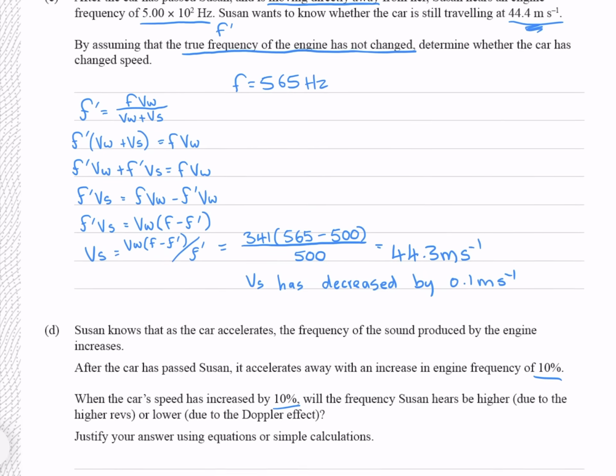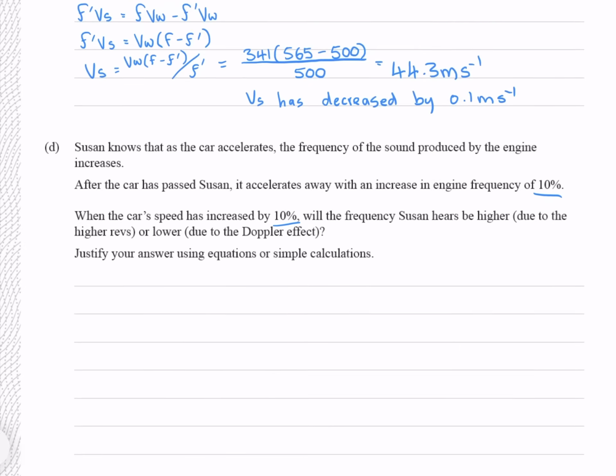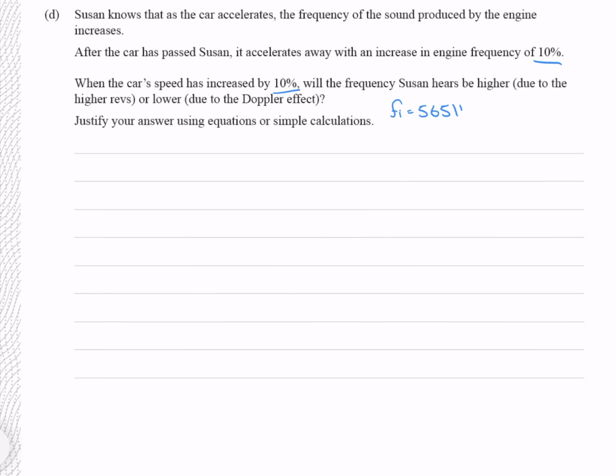So we know that our initial frequency is our 565 Hz, and that our final true frequency, which I'll just call f, will be 565 plus our 10% of 565, or if you like 1.1 times 565, which gives me 621.5 Hz.